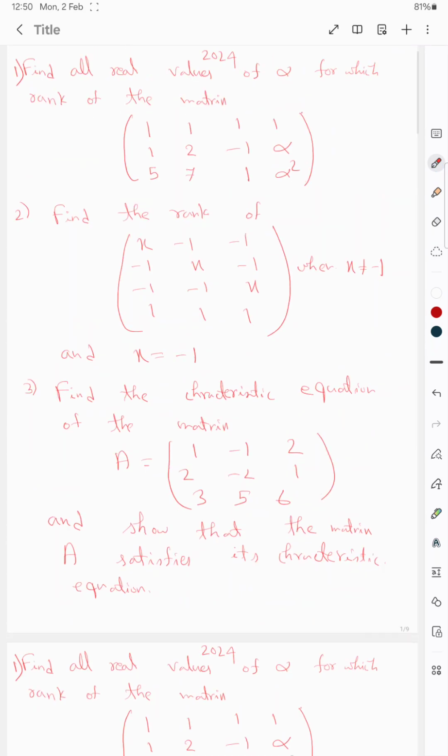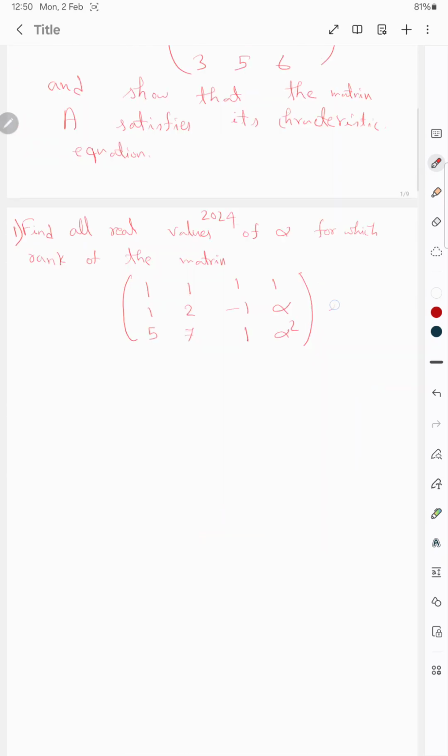I think that is missing, sorry, is 2. So how to find this type of problem?